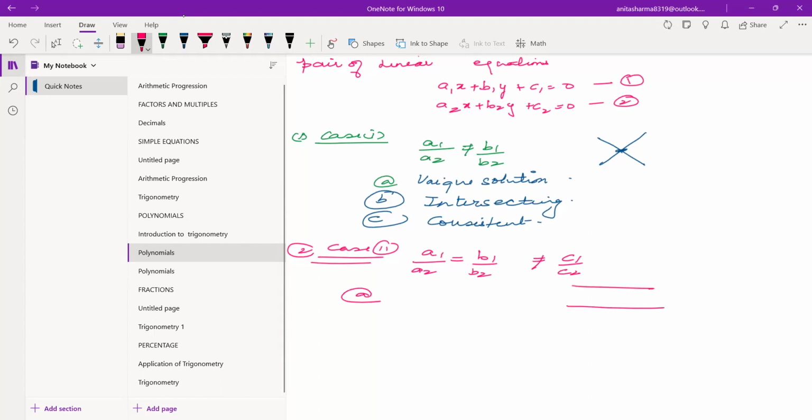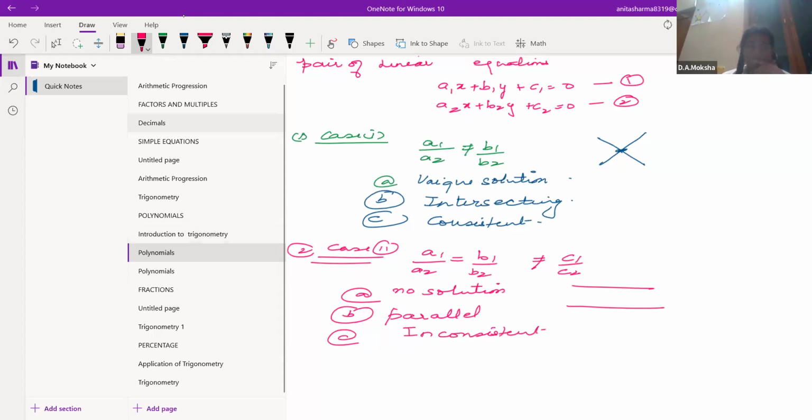Parallel lines never intersect, it means no solution will be there, because we get the solution only when lines intersect. So if lines are parallel, there will be no solution. So lines will be parallel and no solution is there. Therefore the system is inconsistent. Got it, my point, children?